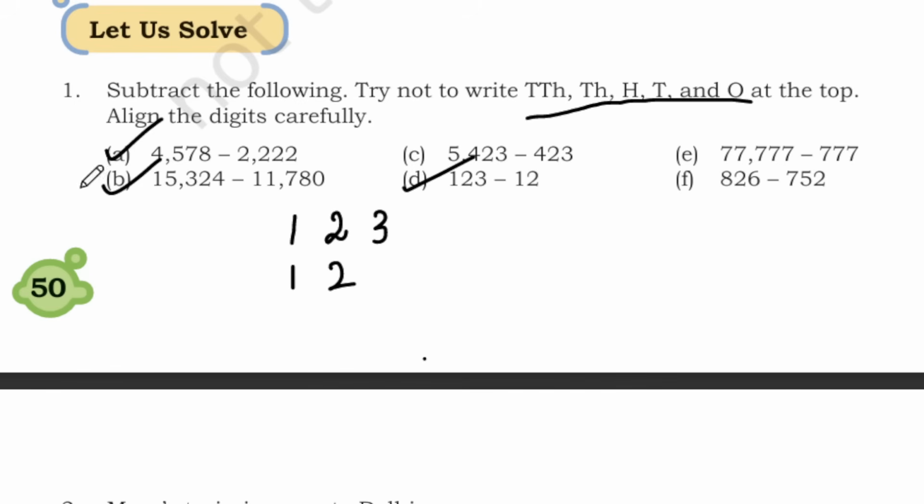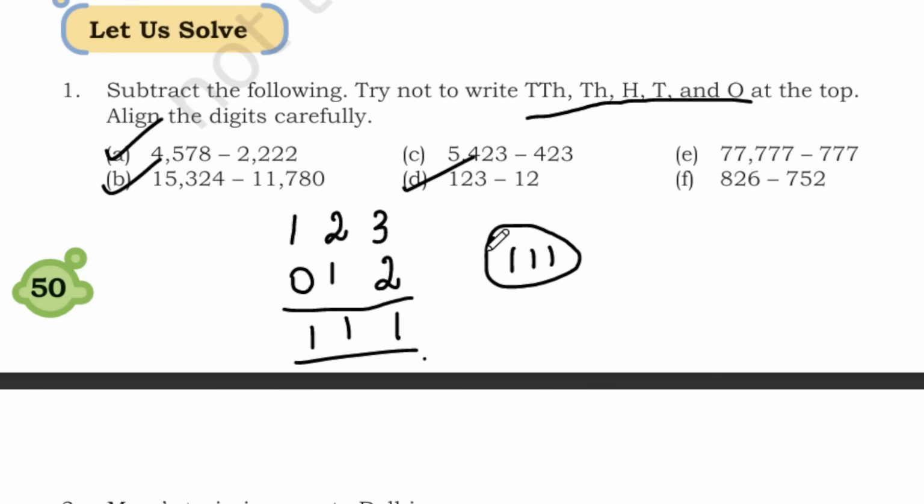No. 2 should be in 1's place and 1 should be in 10's place. So now what you have to do? You have to subtract 123 minus 12. So 3 minus 2 is 1, 2 minus 1 is 1, then 1 minus 0 is also 1. So 1, 1, 1 is the correct answer.